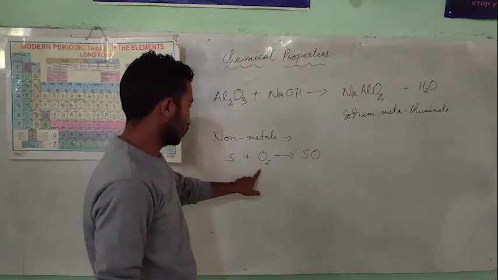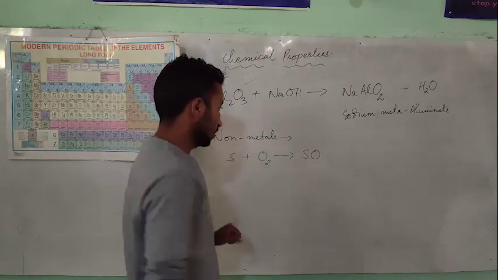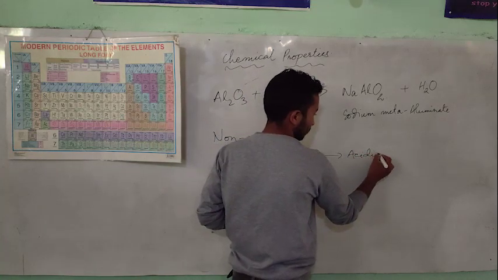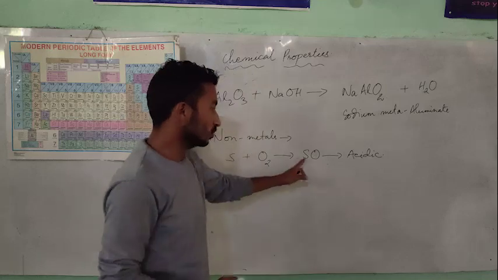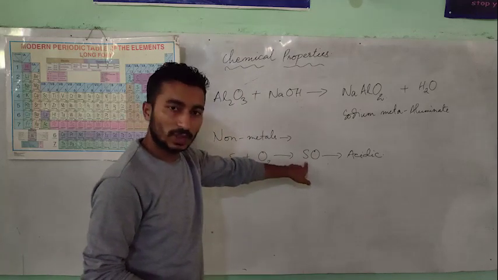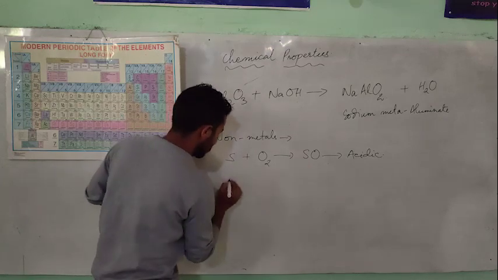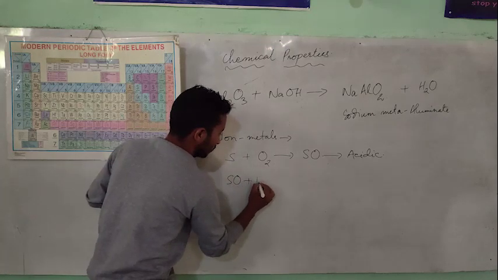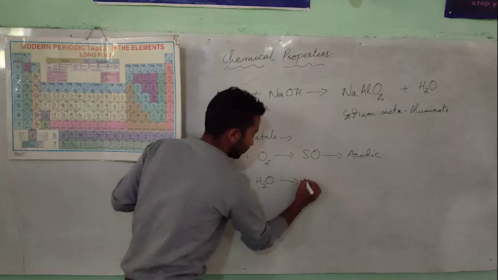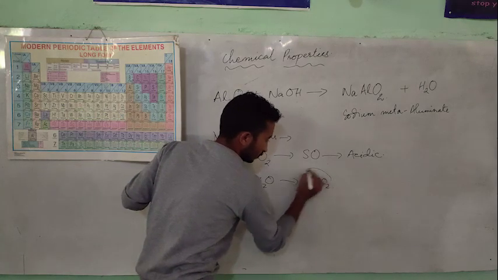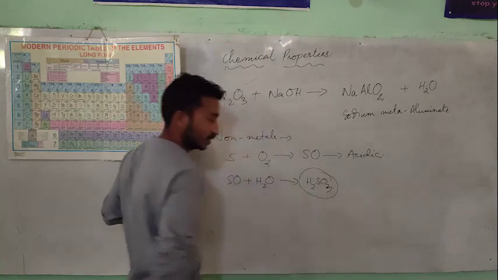So nonmetals react with oxygen to form nonmetal oxides, and these nonmetal oxides are acidic in nature. Acidic in nature means when you mix a nonmetal oxide with water, it will form an acid. For example, let's say we take this sulfur oxide and mix it with water, and there is formation of an acid, hydrogen sulfide.